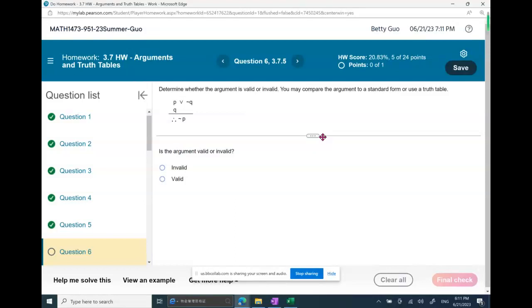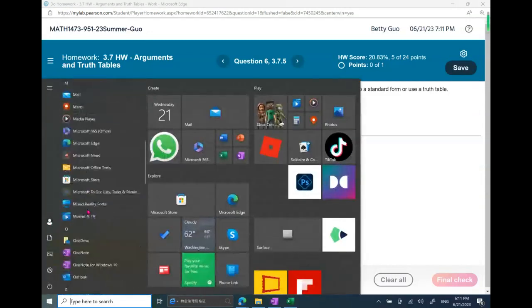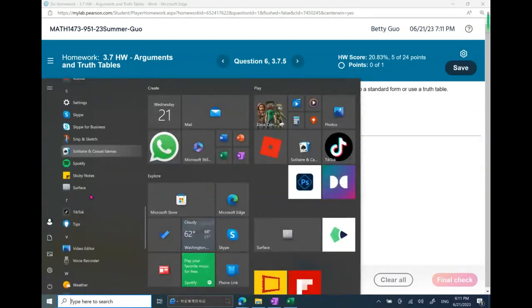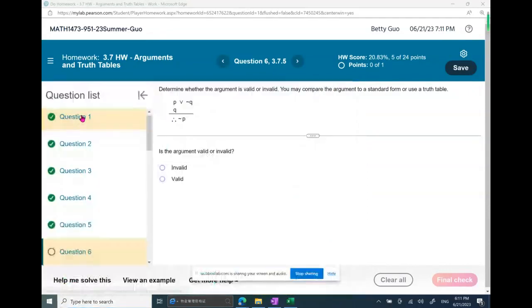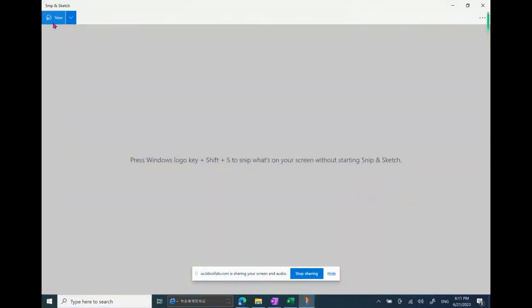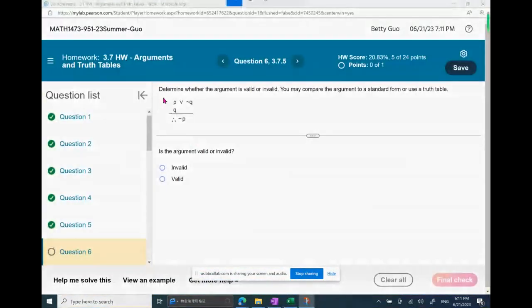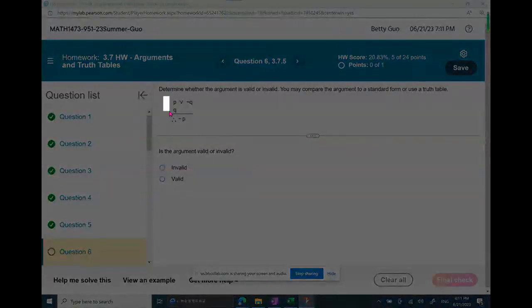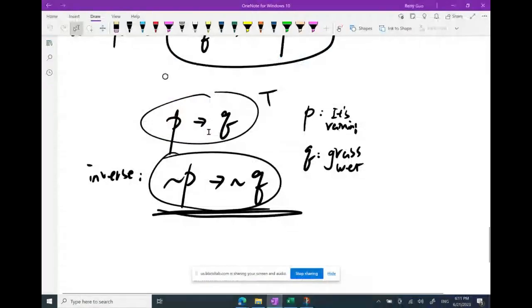Well, let's try the truth table here. My feeling is invalid, but let's not rush on that. Should not take too much time to get a table for that argument.